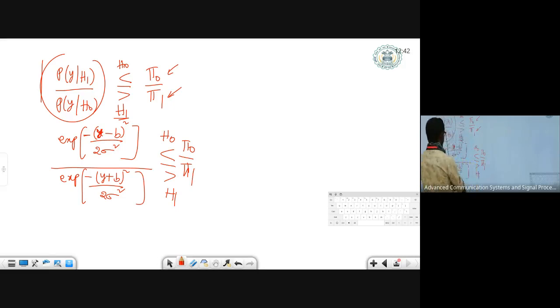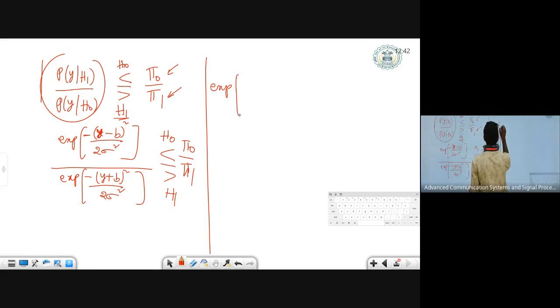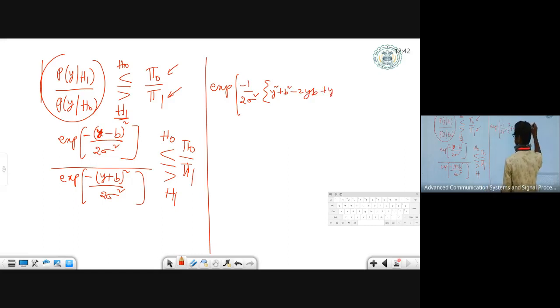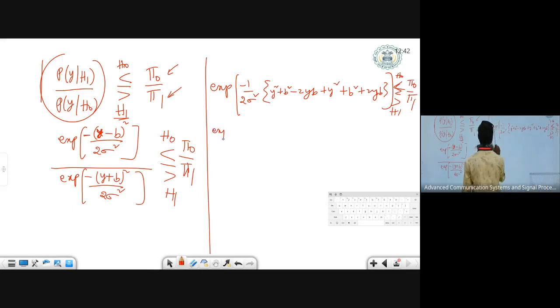Now if I try to make this above, exponential of minus 1 by 2 sigma square, y square plus b square minus 2yb, plus y square plus b square plus 2yb, less than, greater than, h0, h1, pi naught by pi 1.